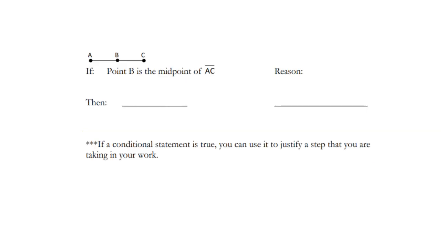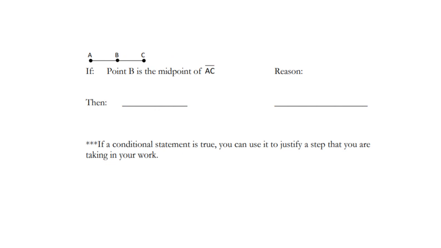Okay, so what we need to be able to do in geometry proofs is we need to be able to take given information, like we talked about in that algebra proof writing lesson 2.2. We need to be able to take a statement and draw a new conclusion from it and have a reason for it, just like we did in the algebra ones.